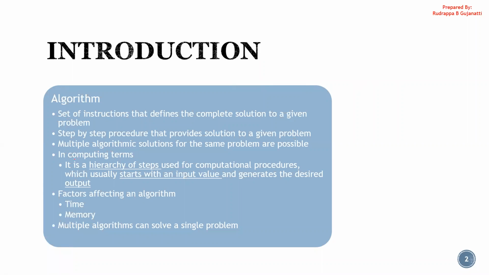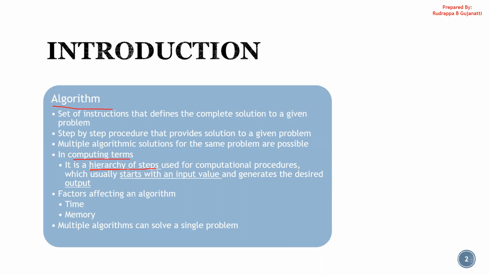Then, when we speak in computing terms, the algorithm gives you the information pertaining to the hierarchy of the steps. What are the steps which have to be followed? What is the first step? What is the next step? These are the things you will be specifying.